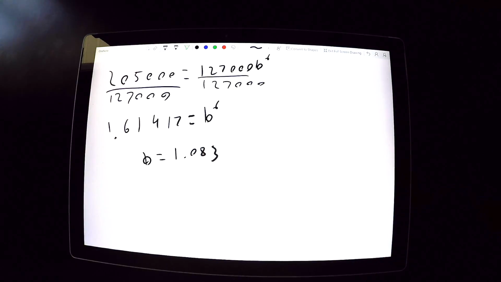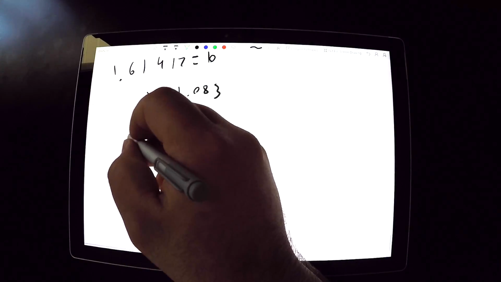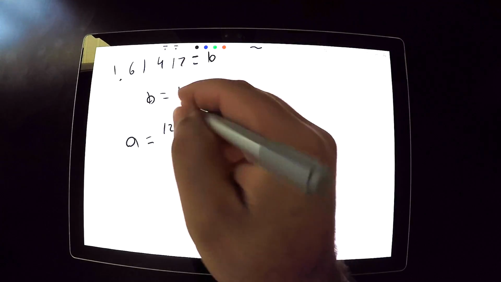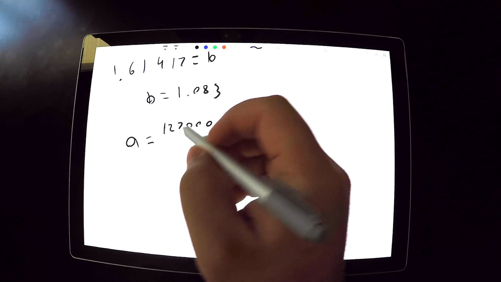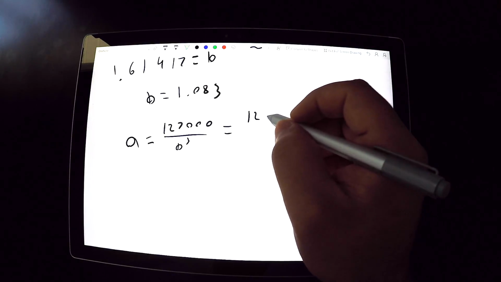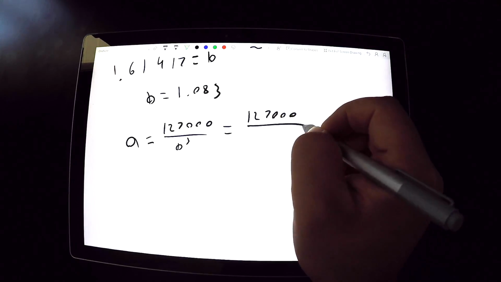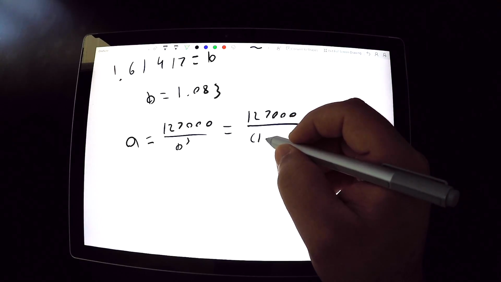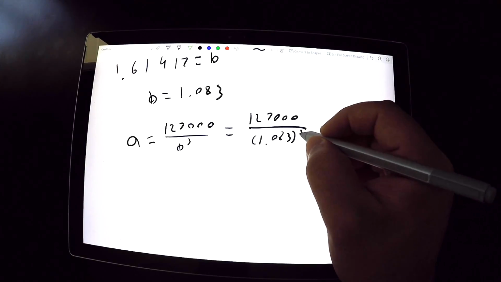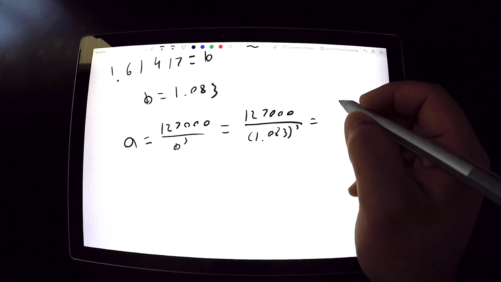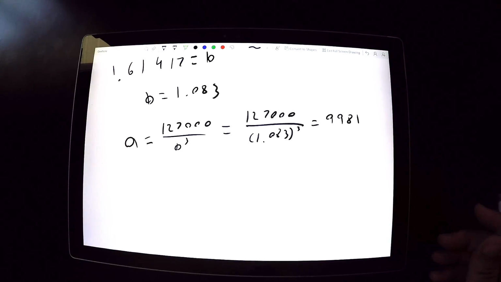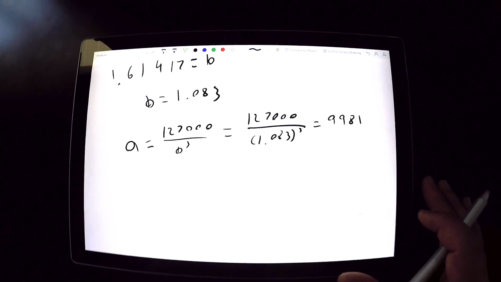Now solving for A is equal to 127,000 over B to the third, equal to 127,000 over (1.083) to the third power, equal to 99,981.